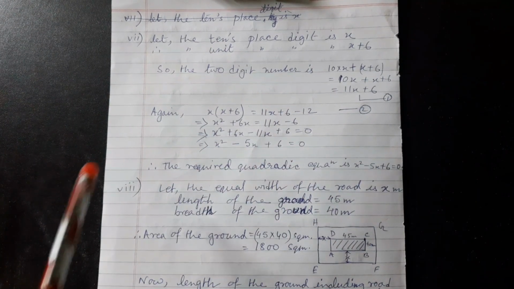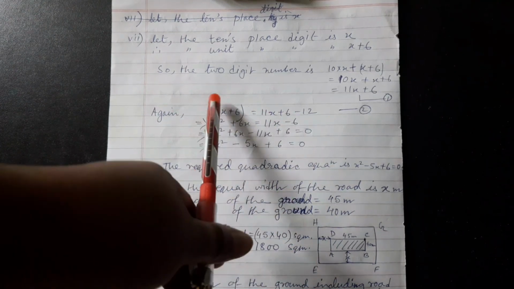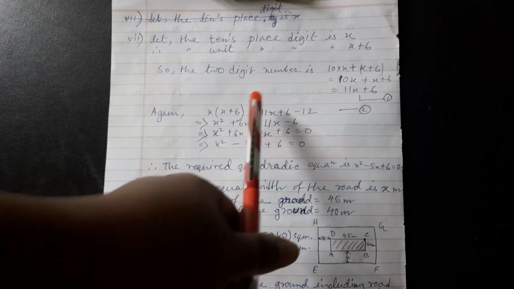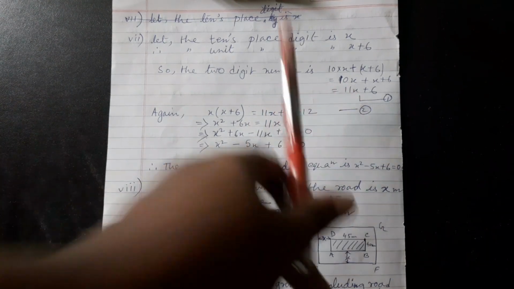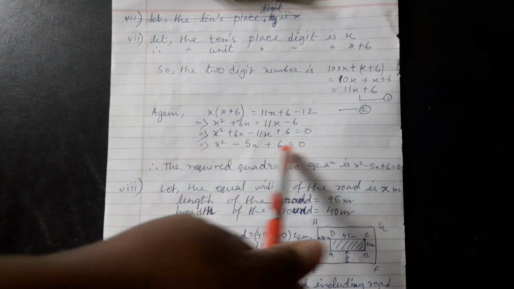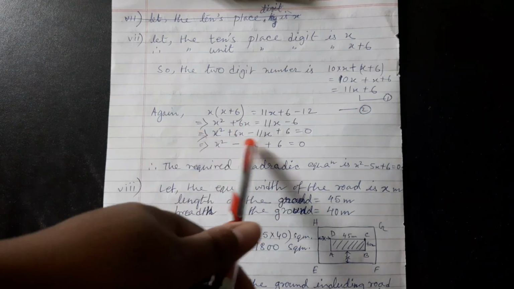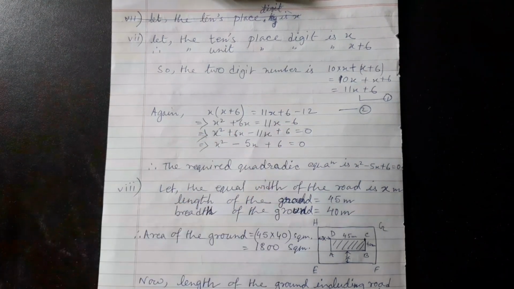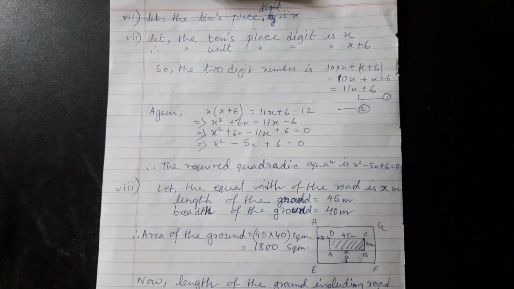Okay. So, according to the question, we can write x into x plus 6 equal to 11x plus 6, that is the original number, minus 12. Now simplify it, we will get the final quadratic equation: x square minus 5x plus 6 equal to 0. This is the required quadratic equation.